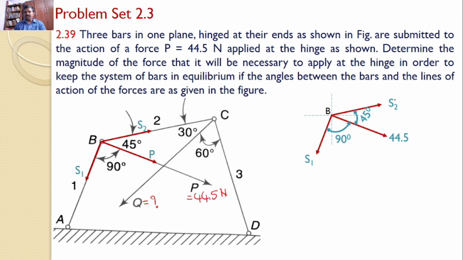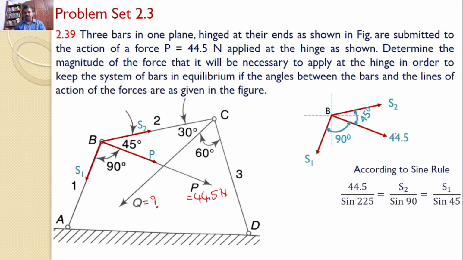So if you observe this diagram, there are three forces. All three forces are concurrent and all three forces are divergent. Hence, I can apply the sine rule. Now, according to the sine rule, the force divided by sine of the angle between the other two forces is constant. That means 44.5 force divided by sine of the angle between the other two forces.